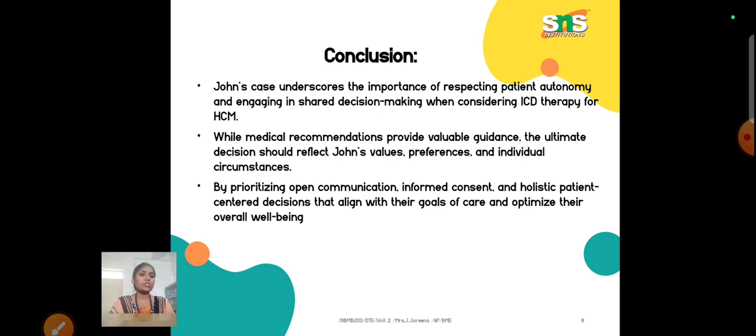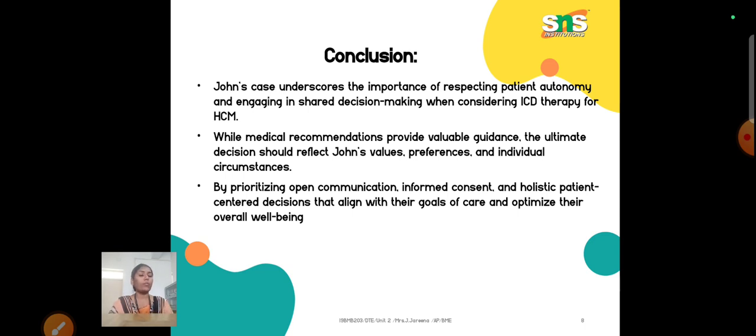So as a conclusion, this particular case of John underscores the importance of respecting patient autonomy and engaging in shared decision making when considering ICD therapy for HCM. The doctors here play a very big role, not only recommending ICD blindly. They are in a position to explain everything in detail, to respect the patient's values, preferences, and individual circumstances.